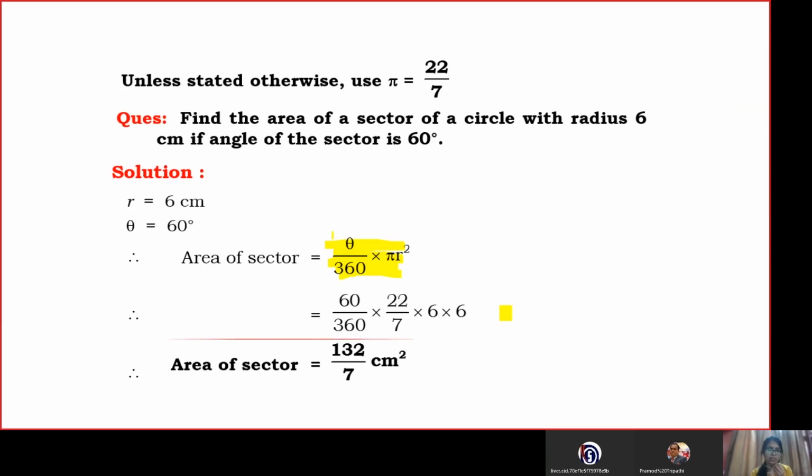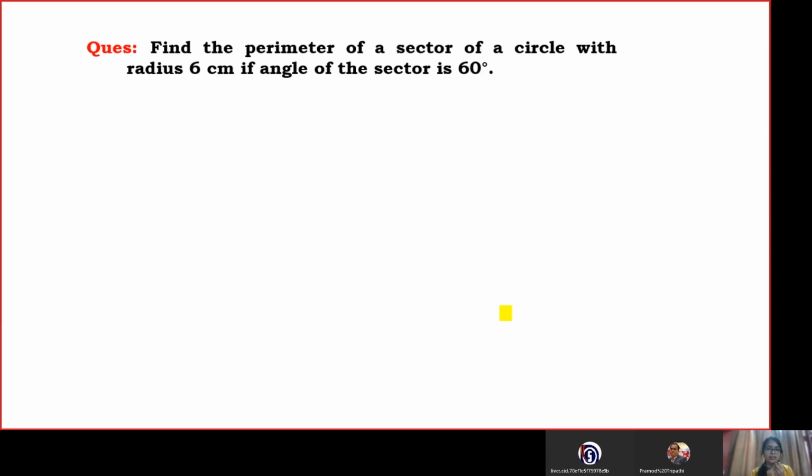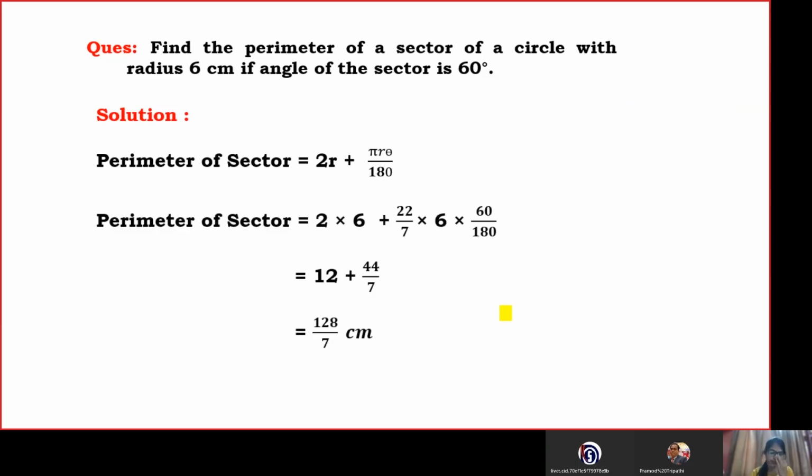How do we find out the perimeter of a sector? The radius is 6 and the angle is 60 degrees. The perimeter is given by the formula 2r plus pi r theta upon 180.